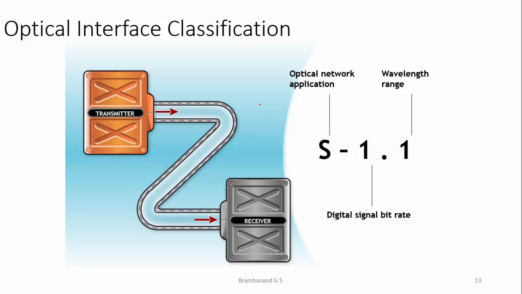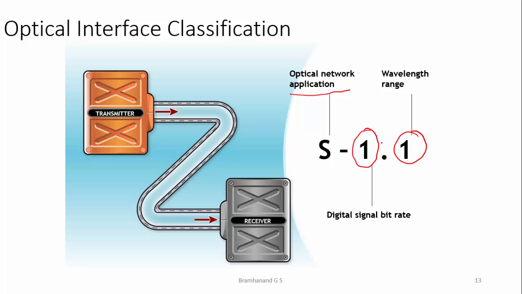Basically, all the interfaces which are used in the optical transmission link are classified based on the optical network application they are used for, the digital signal bit rate for which my transmitting and receiving devices are used, and the wavelength range on which these transmitting and receiving devices work.